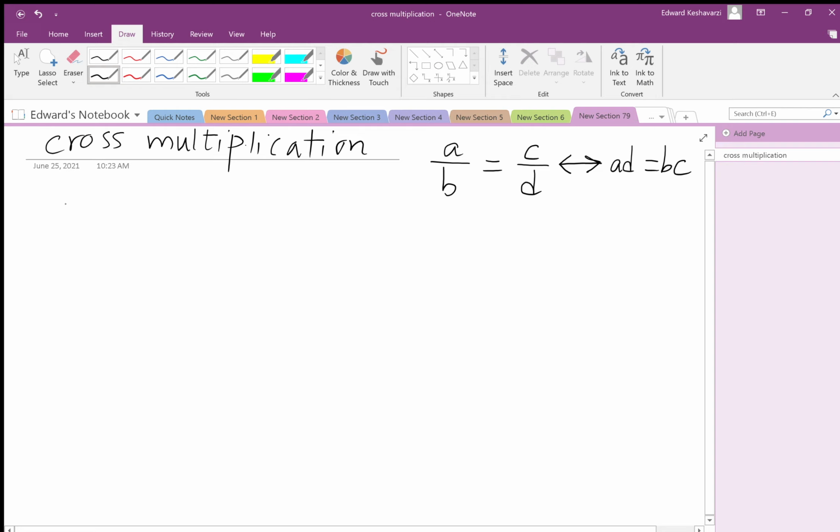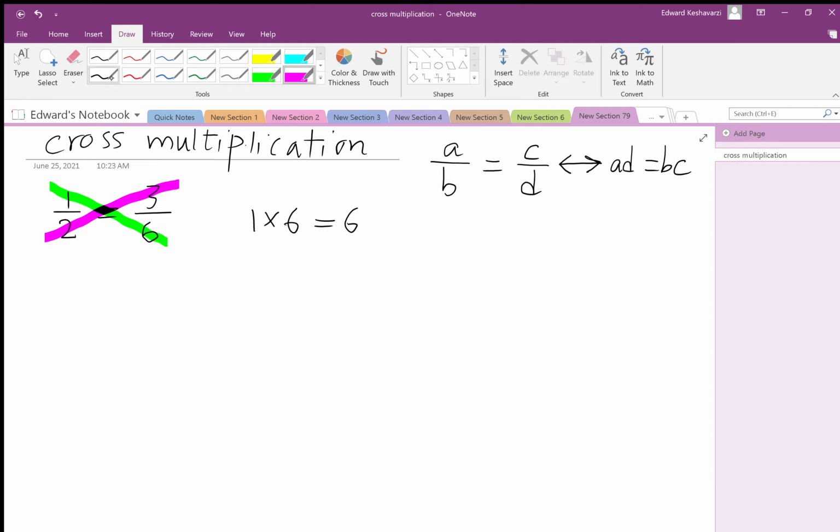For example, we know that 1/2 equals 3 over 6. Obviously, if you multiply the diagonal numbers, it means 1 times 6, it gives you 6. If you multiply another diagonal, which is 2 times 3, it also gives you 6. Let's have another obvious example, a trivial one.